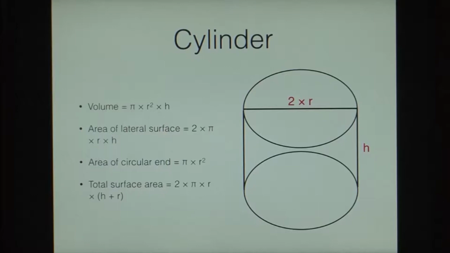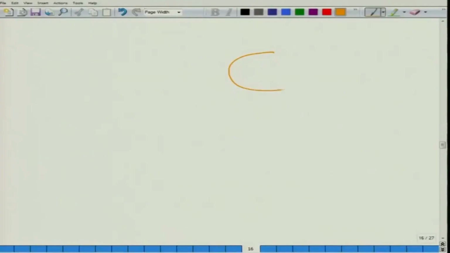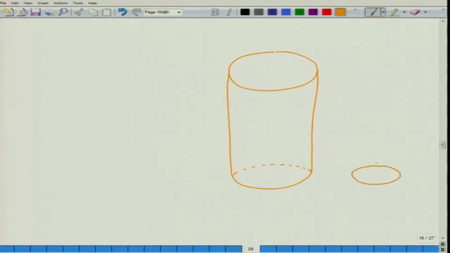The next solid figure is a cylinder. You can construct a cylinder by taking a circle and moving it perpendicular to the circle. If we move this circle in this direction and suppose it reaches this point, this is a cylinder.